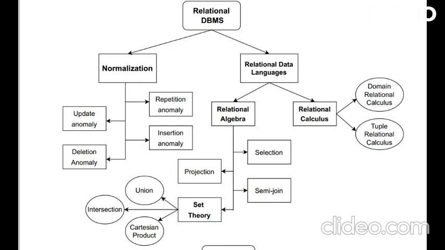The second category consists of some other operations like union, intersection, and Cartesian product.